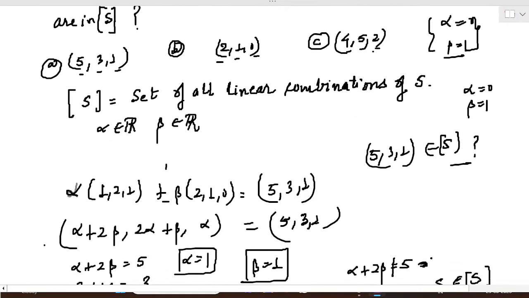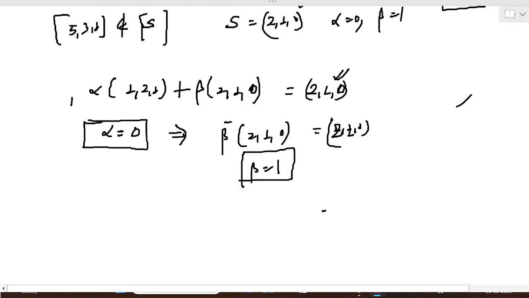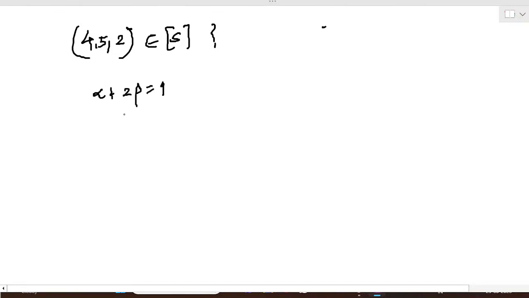Now just verify whether (4, 5, 2) is there in the linear span of S. Just confirm that (4, 5, 2) belongs to the linear span of S. For that, you can write that alpha plus 2 beta should be equal to 4, then 2 alpha plus beta should be equal to 5, and alpha should be equal to 2.